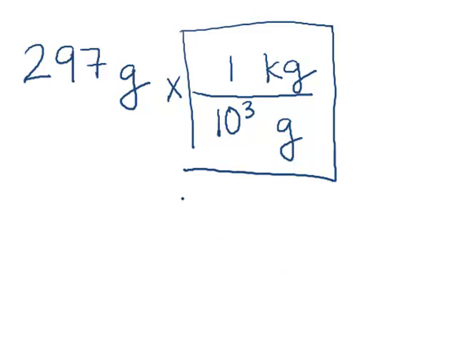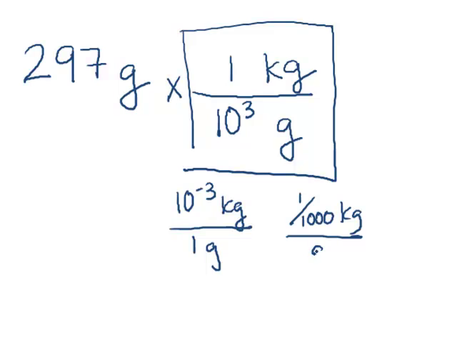Other ways you could write this are to say that there's 10 to the negative 3 kilograms in 1 gram. Or you could say that there's 1/1000th of a kilogram in a gram. There are many other ways to write this, but as long as you get one way correct, you don't need to worry about the other ways.